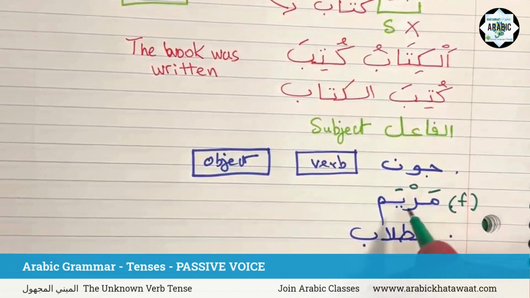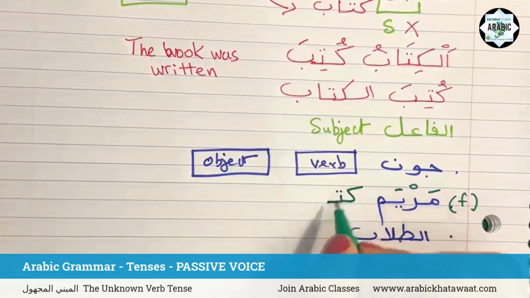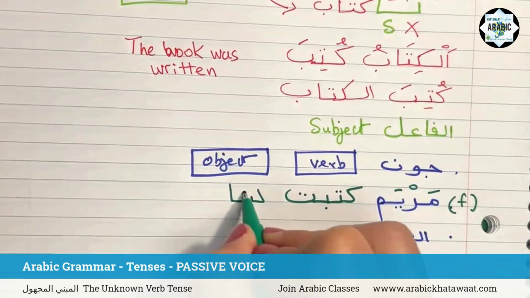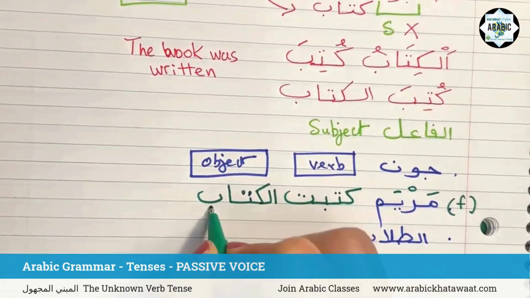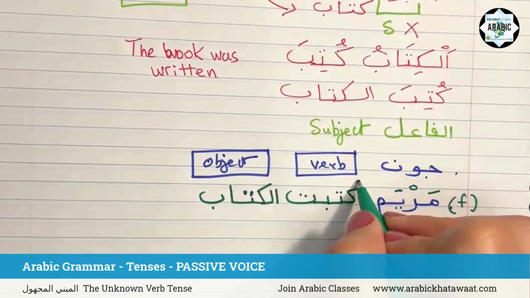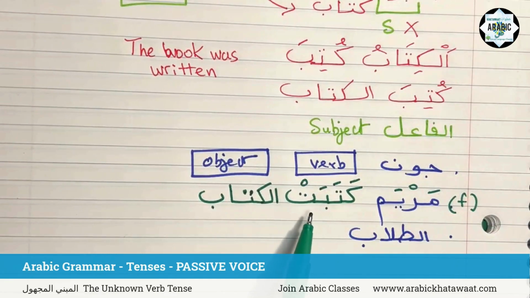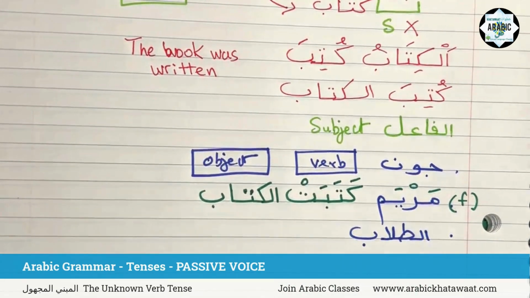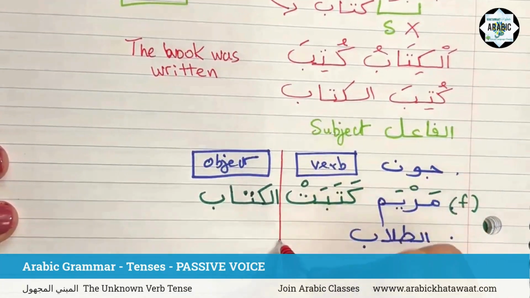So I'm saying Maryam كتبت kitab. Let's use al-kitab because I don't want to confuse you with the tanween. Maryam كتبت الكتاب. كتبت. I'm using the past tense in the singular feminine form because I'm referring to Maryam. I still have the object al-kitab.